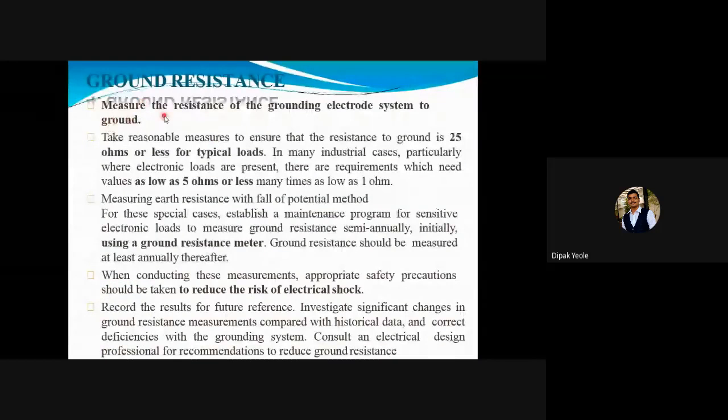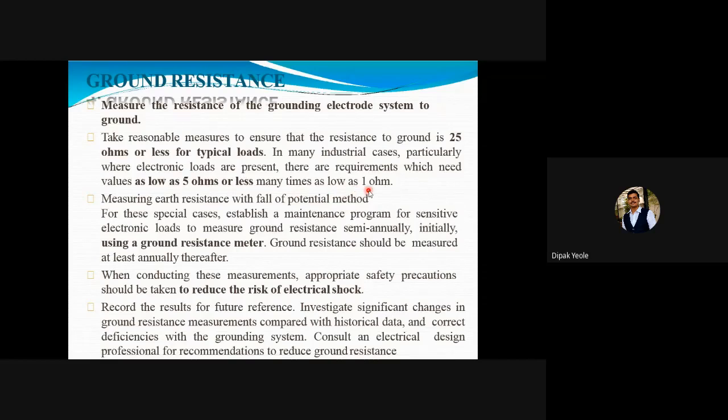To measure the resistance of the ground electrode system to ground, take reasonable measures to ensure that the resistance to ground is 25 ohms or less for typical loads. In many industrial cases, particularly where electronic loads are present, there are requirements which need values as low as 5 ohms or less, many times as low as 1 ohm.